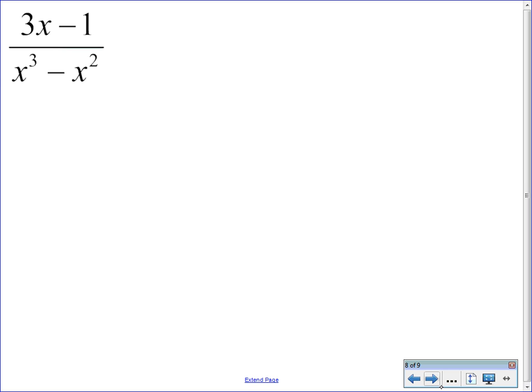Raise your hand if there are two fractions. 3 fractions. And a little bit of a disagreement here. What does the denominator factor to?